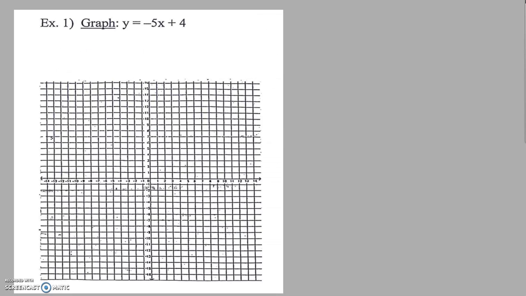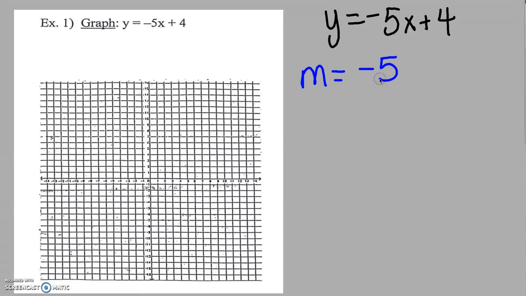So here's our first example. It says graph y equals negative 5x plus 4. So the first thing I ask myself, is that equation already in slope-intercept form? The answer is yes. So I'm going to take the y equals negative 5x plus 4, and we're going to break it down. All right, so m is my slope. I know that my slope is negative 5. We need to always make our slope a fraction. So if it doesn't have a denominator, we're just going to put it over 1.